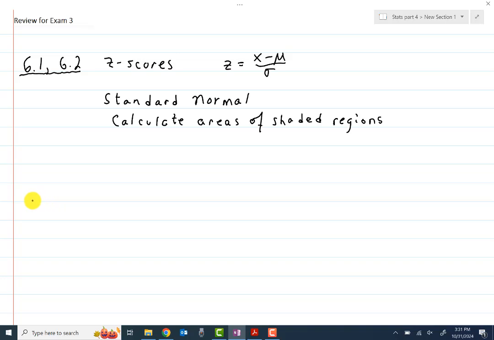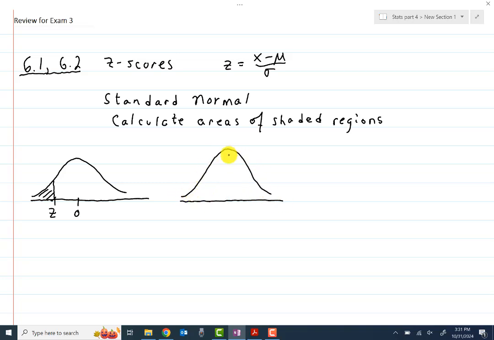As far as calculating areas, you should be able to give me any type of area that I might specify. So using the table, if I give you a z value and I give you the area to the left, I expect you to use the table and be able to tell me what that area is. Another way, you could have the area going off to the right. So you might, for example, have this area shaded.